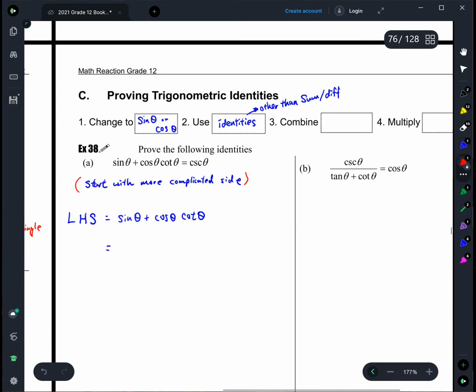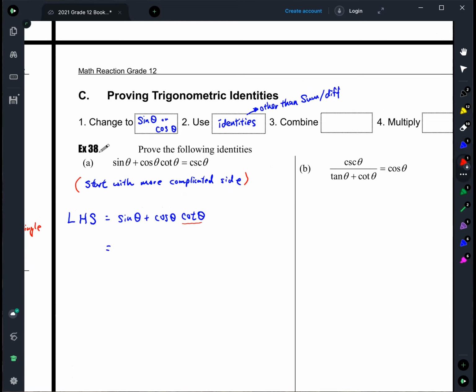Yeah. Okay, can you tell me if there is an identity that can make cotangent become either sine or cosine? Quotient? Okay, which one? Cosine theta over sine theta equals cotangent theta. Very good. So we are going to use that one.